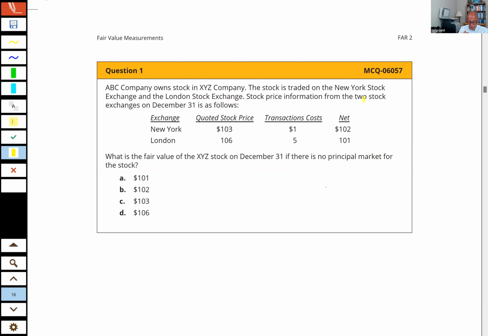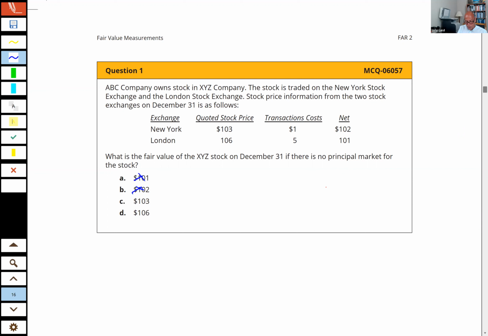Because we said very clearly that you do not consider the transaction costs in reporting the fair value. So if that's the case, there is no way that A or B can be the answer, because you don't net out the transaction cost. That was a very straightforward rule we said, right?